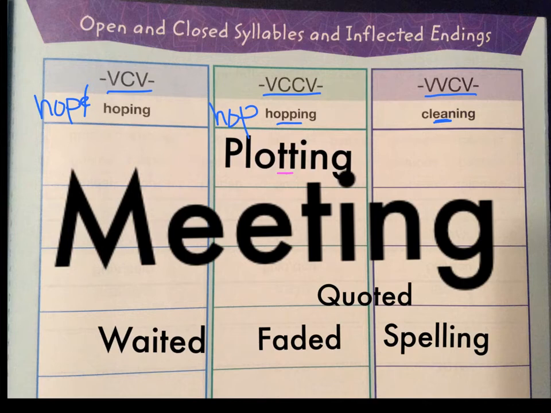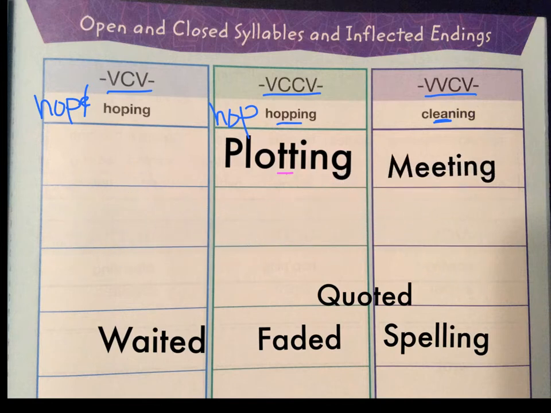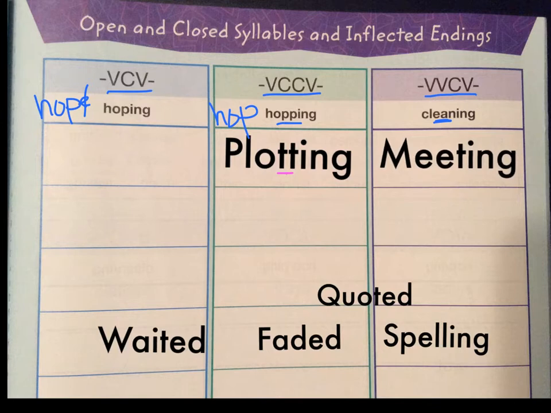Knowing that we have the root word of meet and we're just adding the ing to it, where does our word meeting go? If you said the third column, you are correct. Meeting goes in the third column. Also, I want you to notice that the double E follows that vowel, vowel pattern.